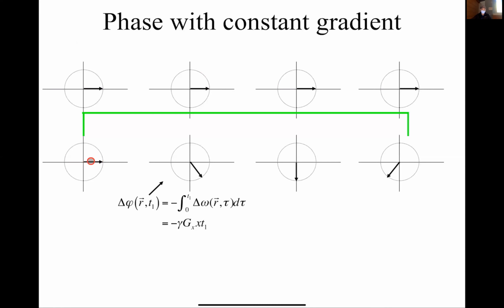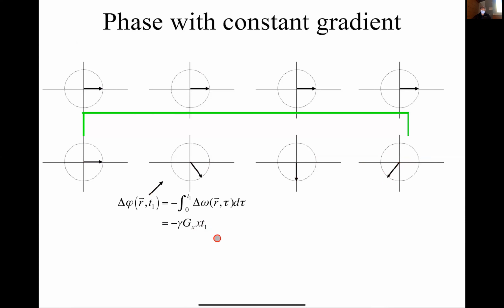And so over the course of time, it's a positive gradient. Assuming it's a positive x location, it's going to acquire this phase, and you see it's like 45 degrees clockwise, 90 degrees clockwise, 135 degrees clockwise, right? So that phase is just given by minus gamma Gx x times where you are in time.